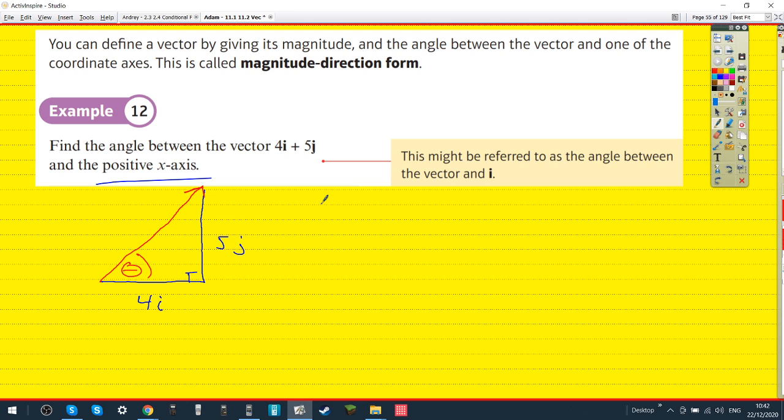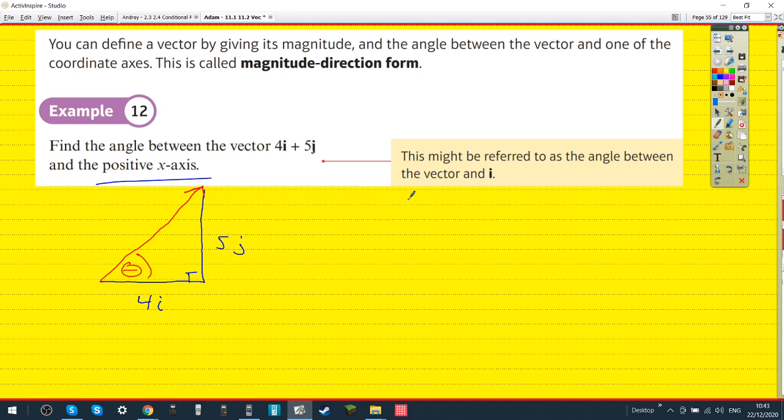So would you use Pythagoras to work out the hypotenuse? Nope. Don't need to. Would you use trigonometry? Yep. Would you use the cos rule? You are too smart.